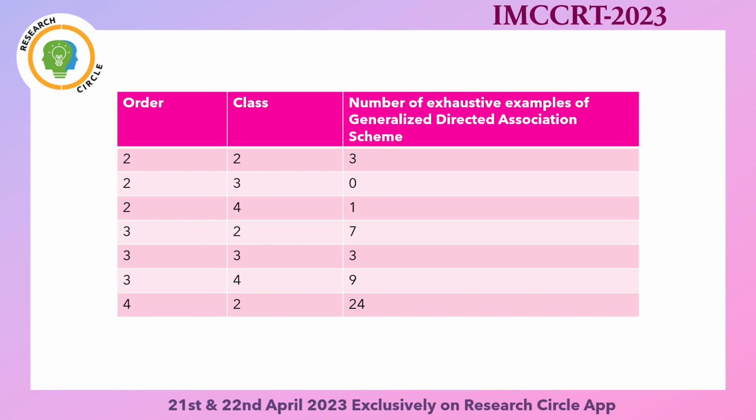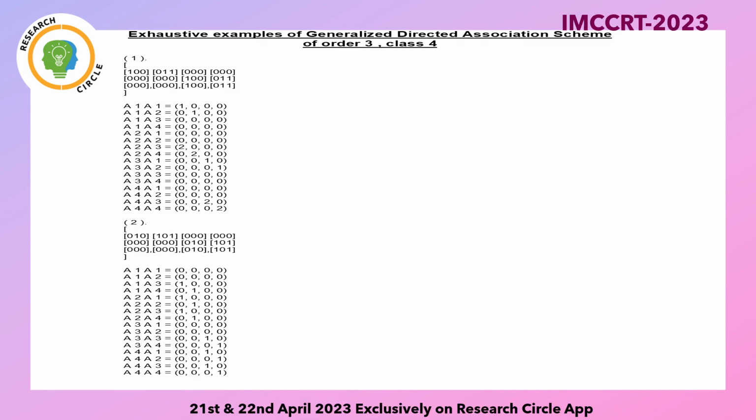I'll be now displaying the outputs obtained, but due to time constraint, I'll be displaying only the outputs for third order and class 4. There are 9 outputs for it. So these are the first two outputs.